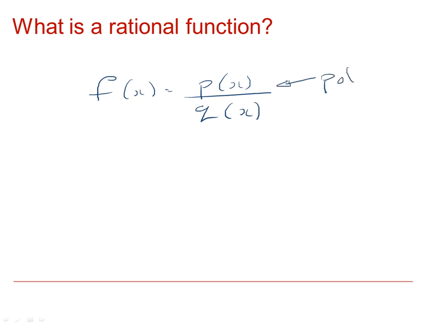Now, a polynomial, remember, is just an expression with powers of x, so x to the power 0, x to the power 1, x to the power 2, etc. What we must have, of course, though, is that q of x, the denominator, cannot be equal to 0, because if q of x is equal to 0, then the function f of x will not be defined at all.